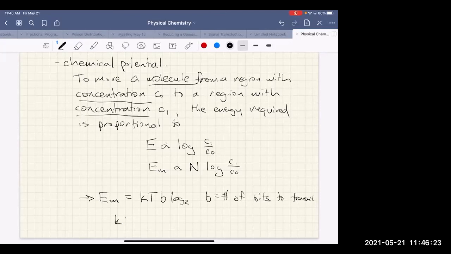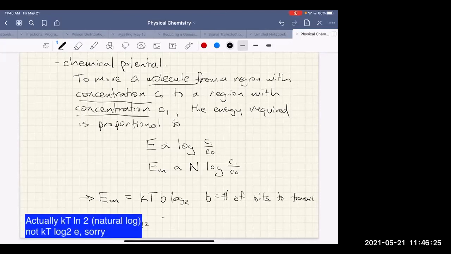If you think about kT log 2, this is called the Landauer energy. This is the minimum amount of energy that any information bearing signal can contain.